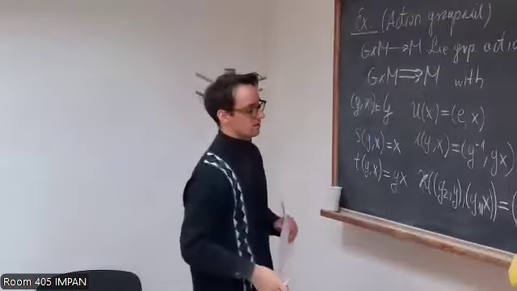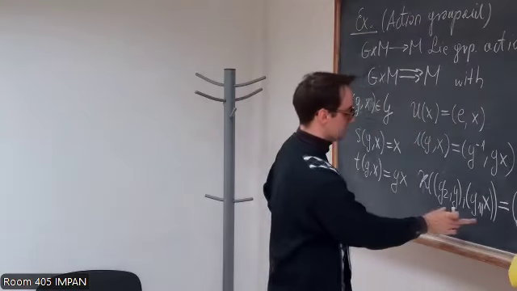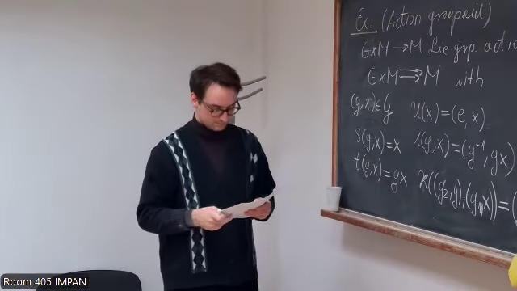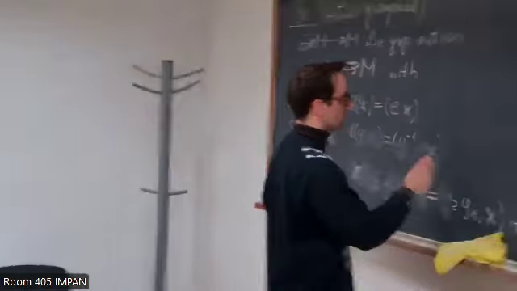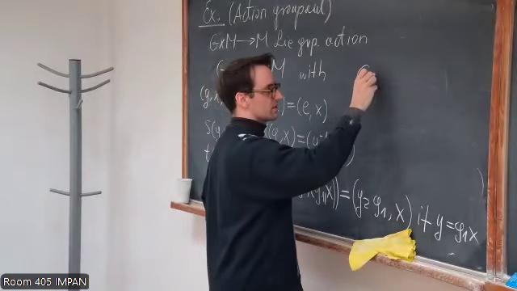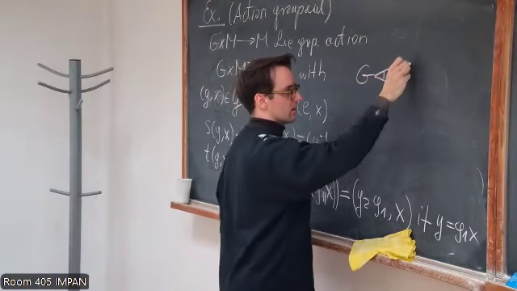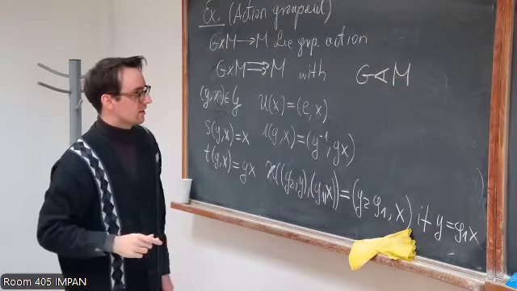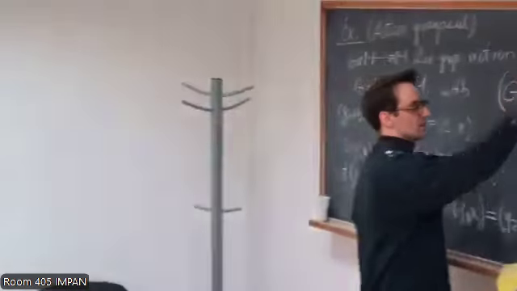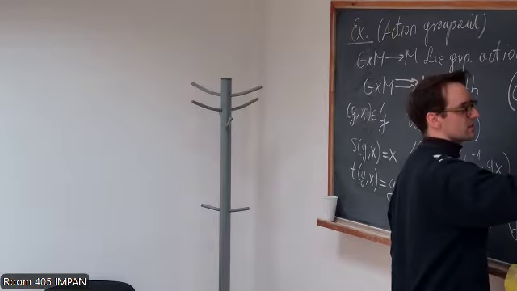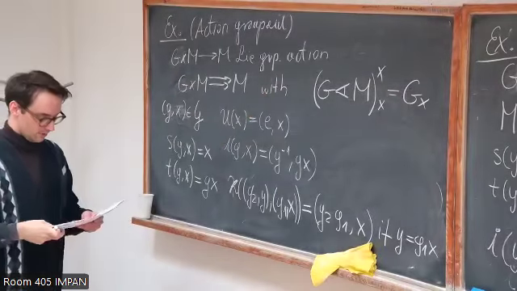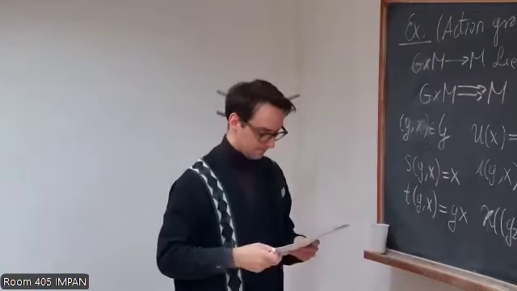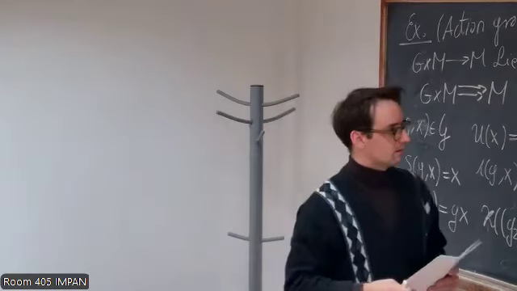Okay, so this is the condition for these arrows to be composable. Okay, the action groupoid is denoted by this, and of course the vertex group at x is the isotropy subgroup of the point x.